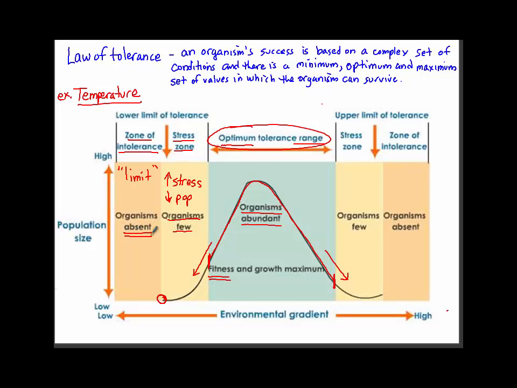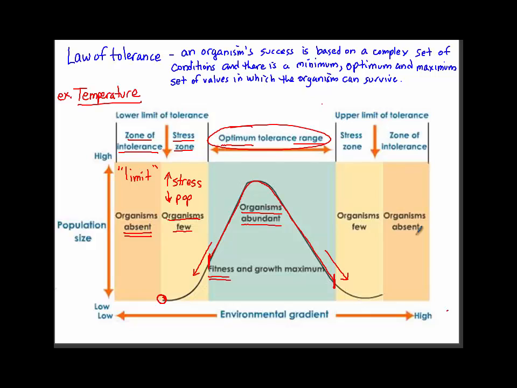Once you've gone beyond the stress zone, you're outside of that organism's ability to survive, in regards to temperature in this case. So you're past the extreme of where it can survive, and whether it be cold or hot, you have no organisms.